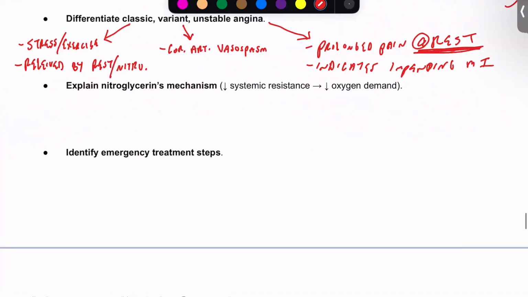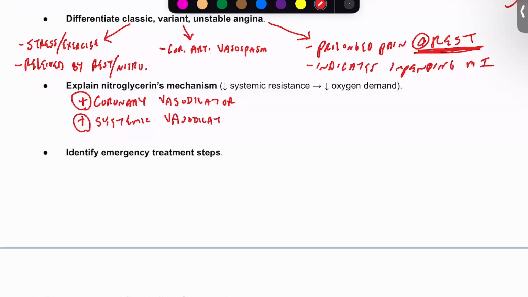Okay, and then explain nitroglycerin's mechanism. Nitroglycerin, not only is it a strong coronary vasodilator, right? So if we have some kind of an obstruction that's blocking it, vasodilation would be good because it's giving our blood more room to flow, but it's also a systemic vasodilator. What this is doing is ultimately decreasing our preload.